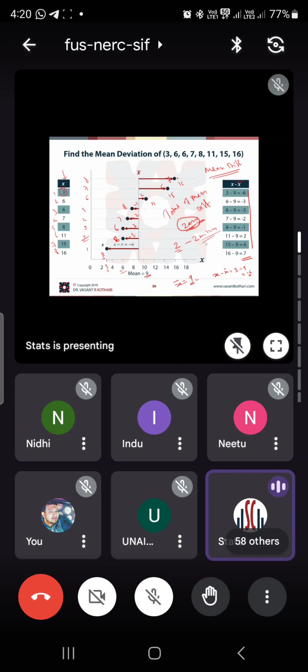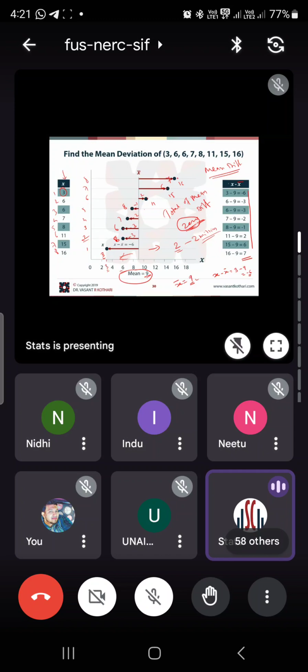No matter how many numbers you have, your total of mean difference is always 0. Why? Simple logic, the mean is a center point. Half the numbers are on this side, half on this side. It's in the center. So obviously 50% on the right side, 50% on the left side. So when you total this, it will always become 0.